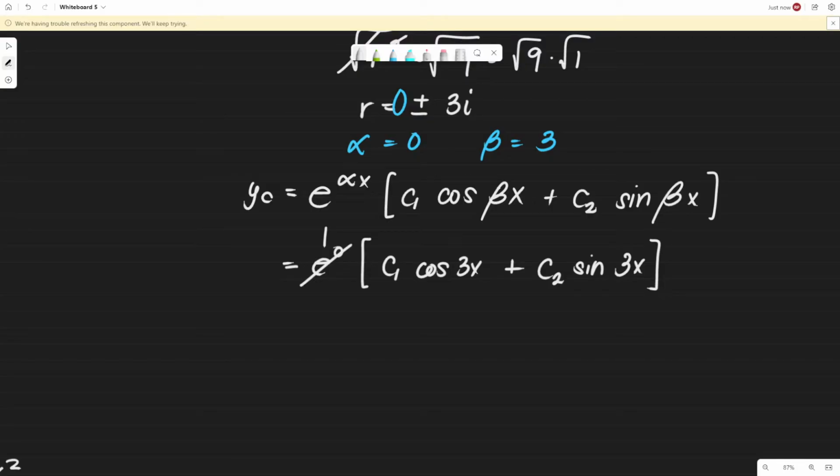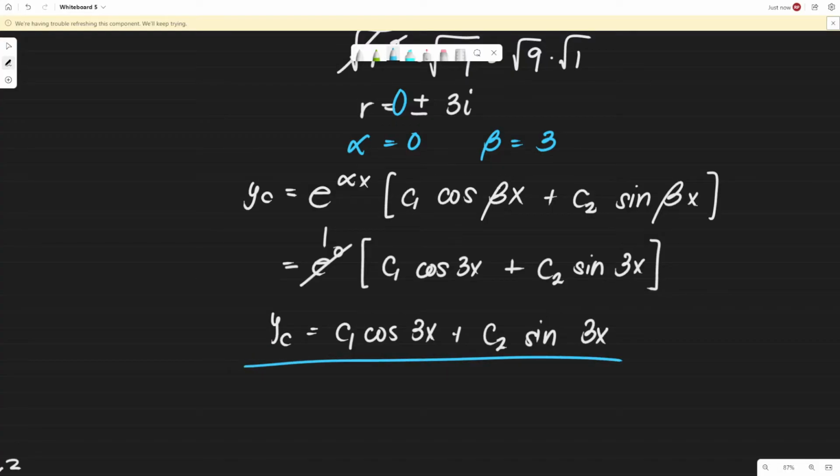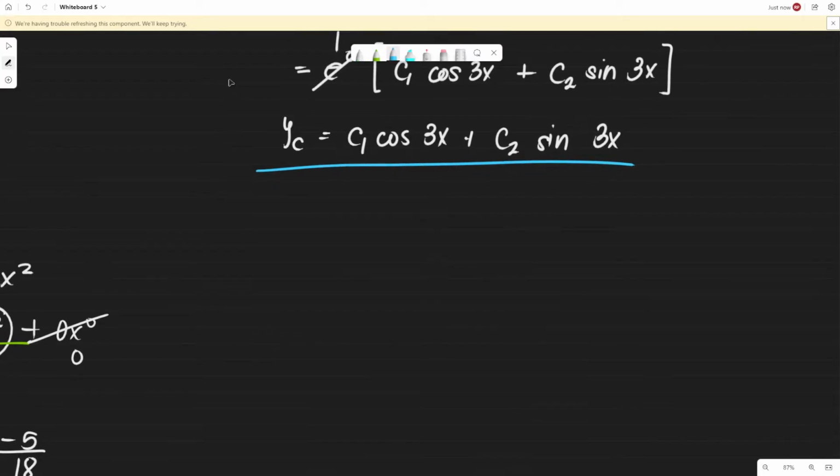So this is the value of yc. So yc is equivalent to C1 cos 3x plus C2 sin 3x. That is our yc. I hope you understood how we got yc, since this lesson was last meeting. So now let's get yp.